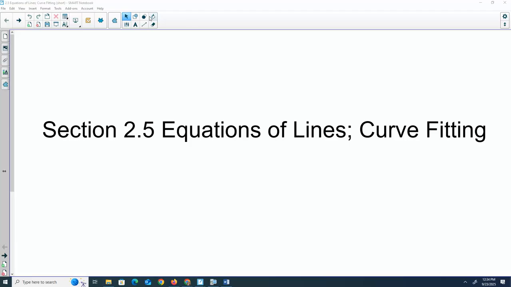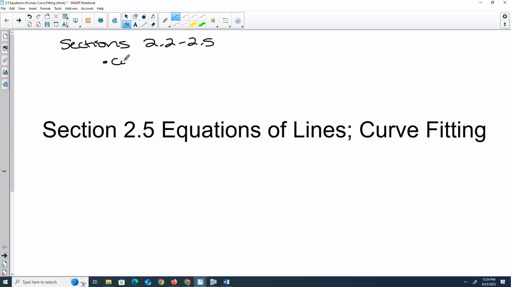So your quiz tomorrow is sections 2.2 through 2.5. So that is circles, functions. So remember, looking at a graph, how do you know if it's a function from the graph?